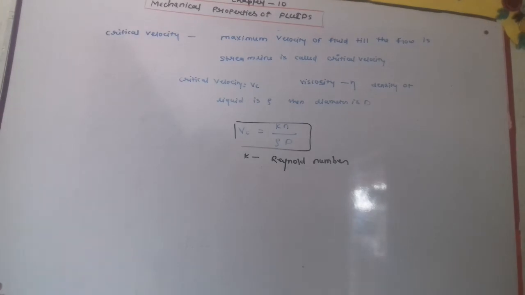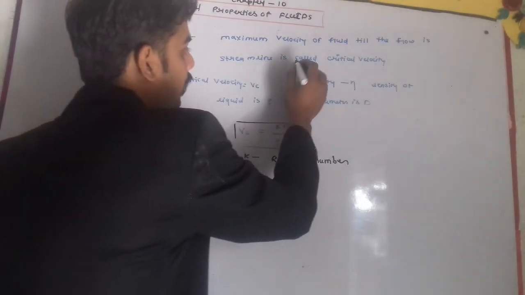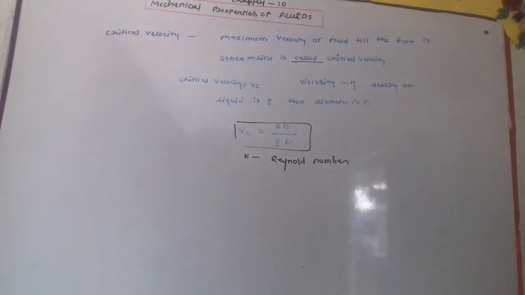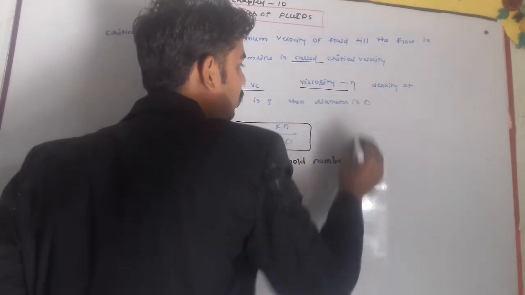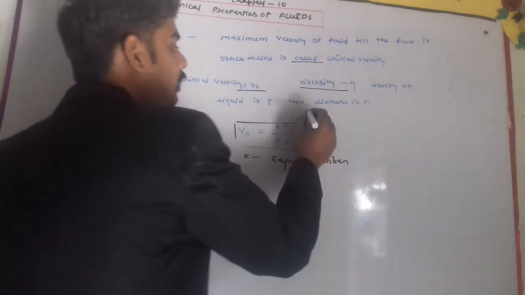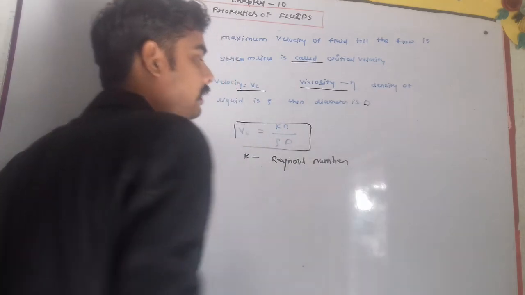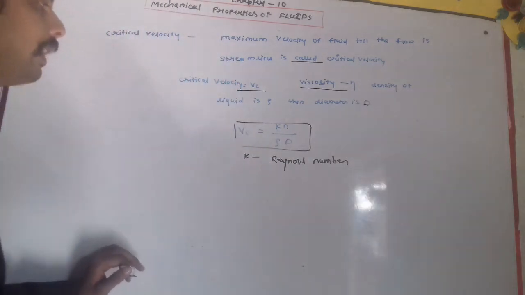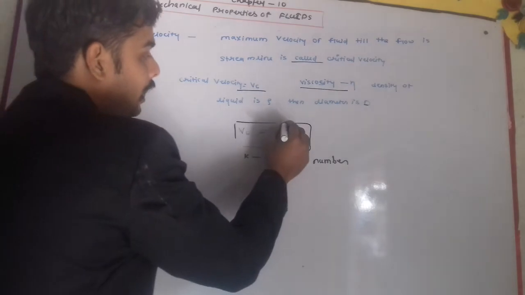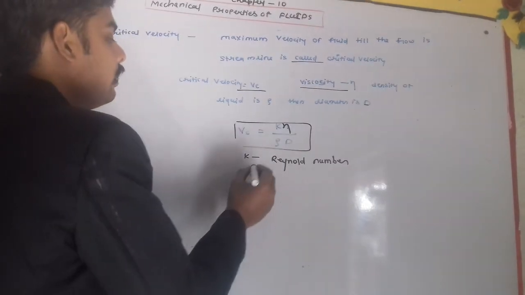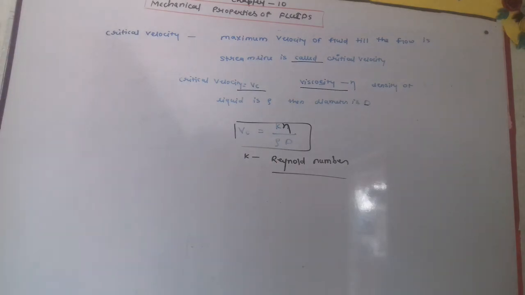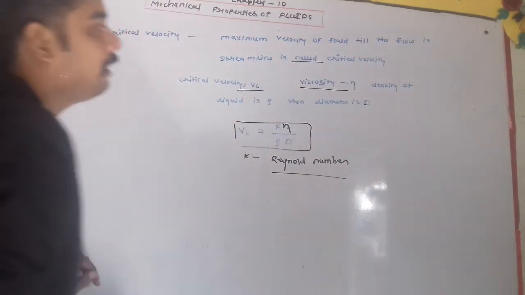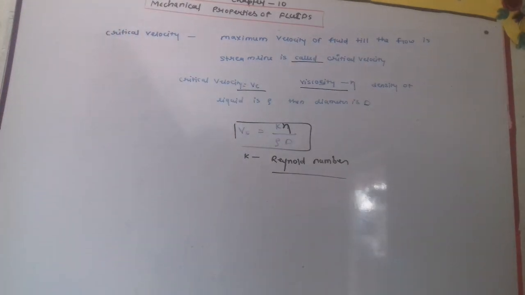If the critical velocity is Vc, the viscosity is eta, the density of the liquid is rho, and the diameter is d, then the formula for critical velocity is Vc equal to k eta upon rho d. Here k is the Reynolds number, which has no unit. So that is the maximum velocity of a fluid till the flow is streamlined, our critical velocity.